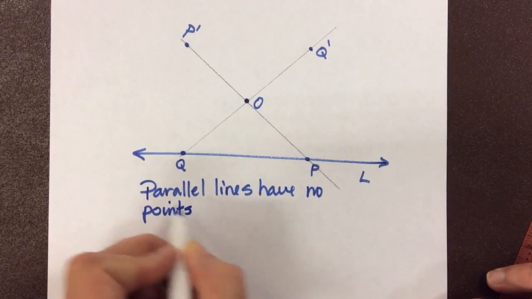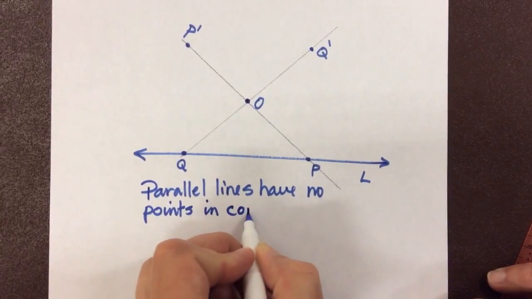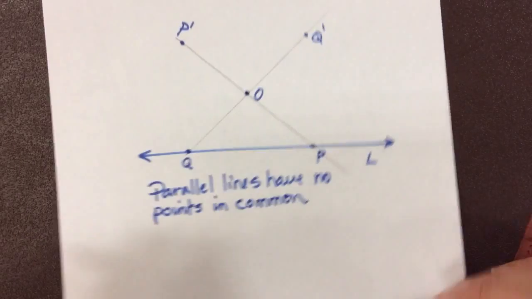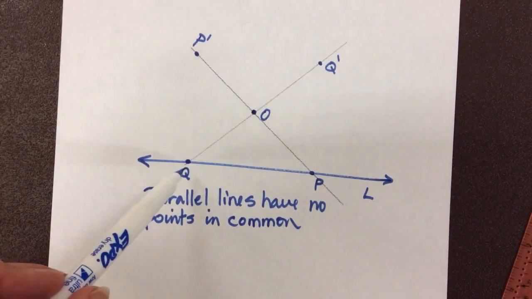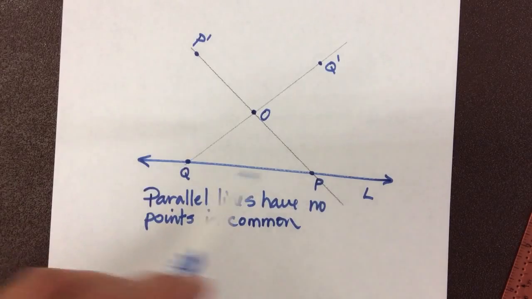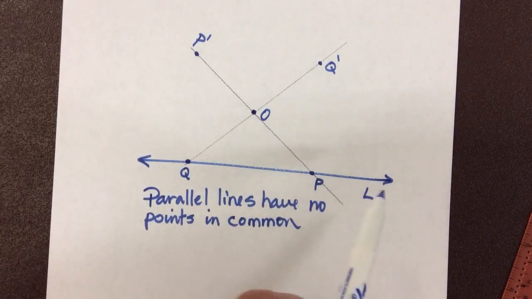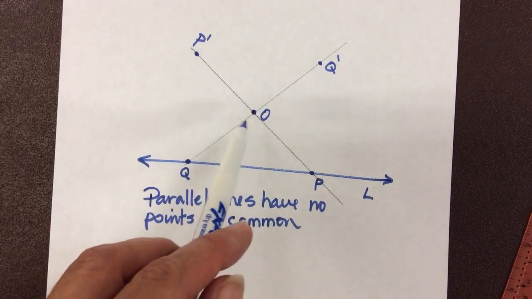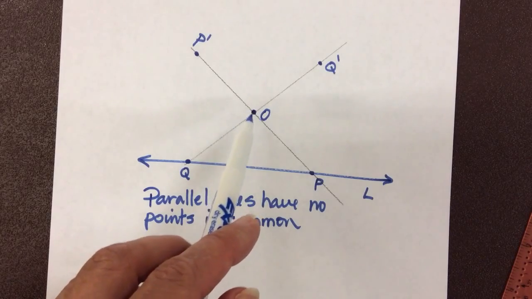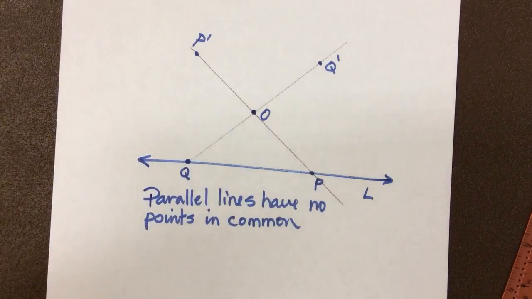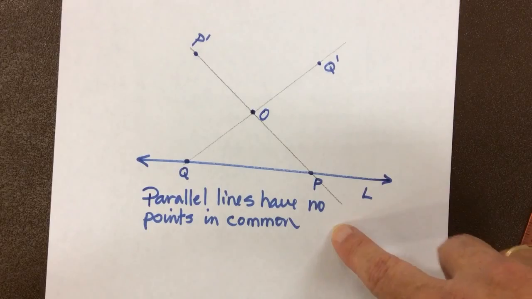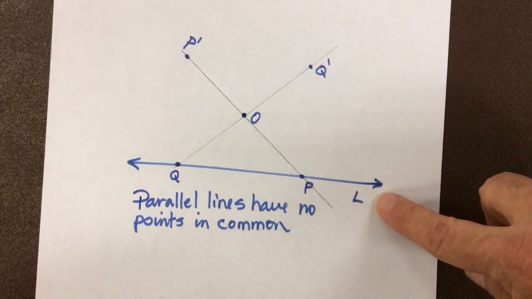They never intersect. So what we've done is a nifty little proof showing that any point Q or P or whatever, any point on this line, its image under the rotation about O, as long as O is not on the line, is going to give me a point off the line. It can't be on L. So therefore, there are no points in common, and those two lines can never intersect.